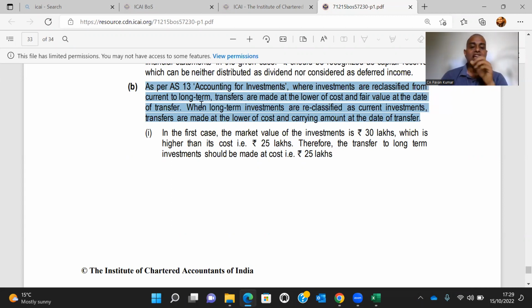Where investments are reclassified from current to long-term, cost or fair value, whichever is lower. Fair value is nothing but market price on the day. When long-term investments are reclassified as current, lower of cost or carrying amount, that means book value, not fair value, whichever is lower. Simple.